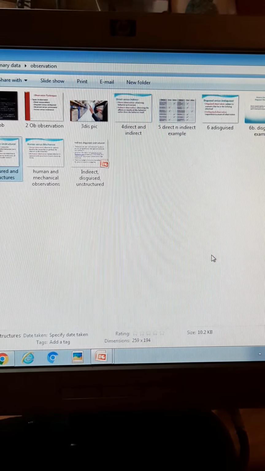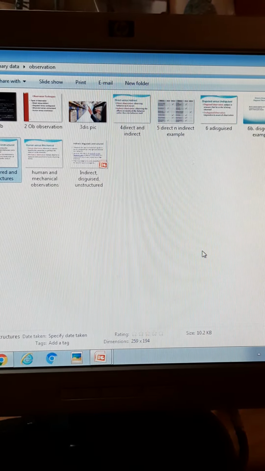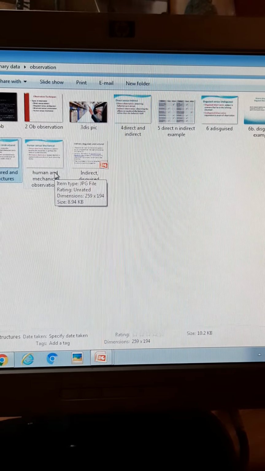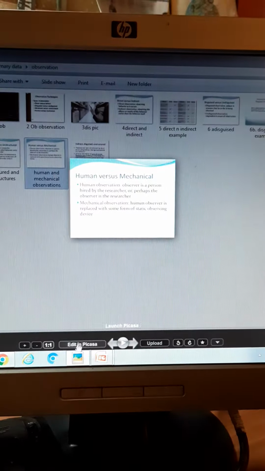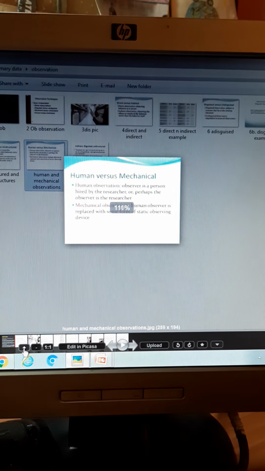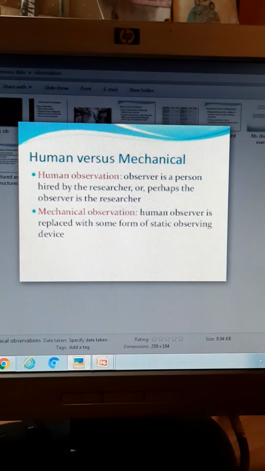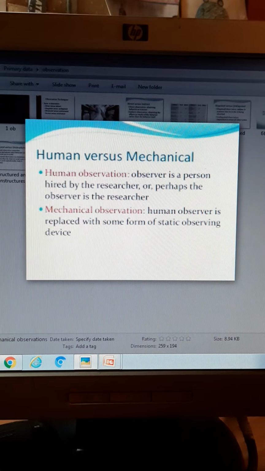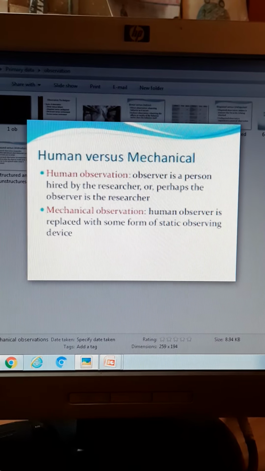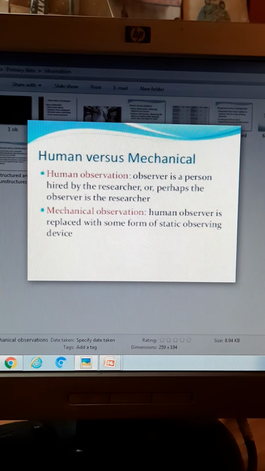So next is human versus mechanical observation. Human observation: there is a person who is hired and the researcher goes and does the observation.